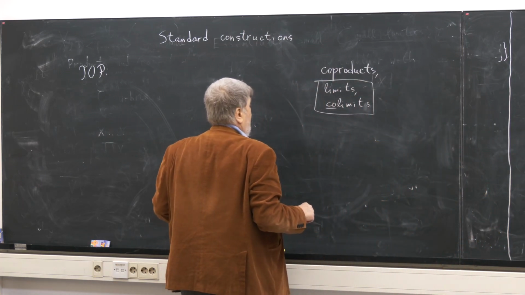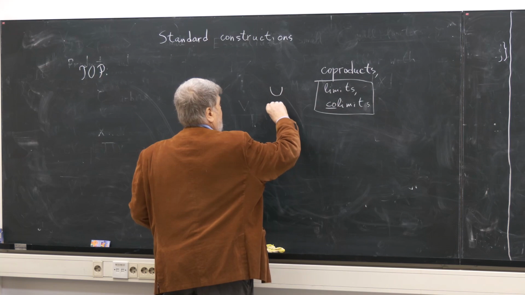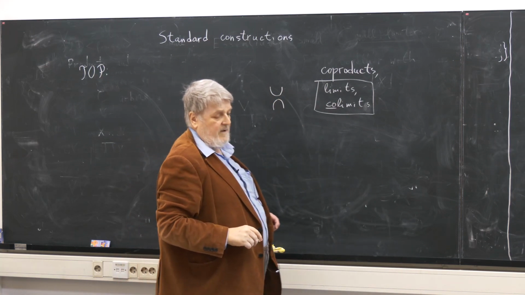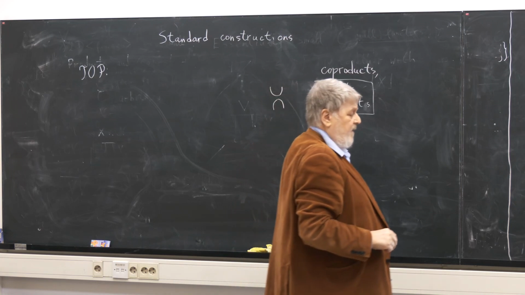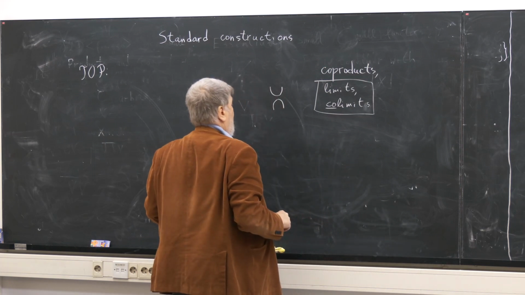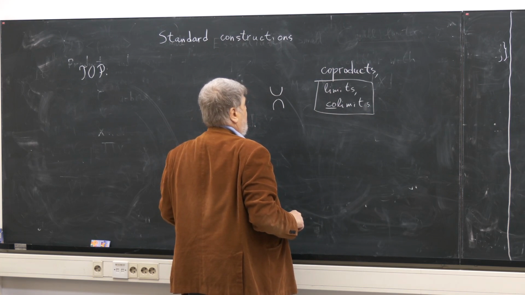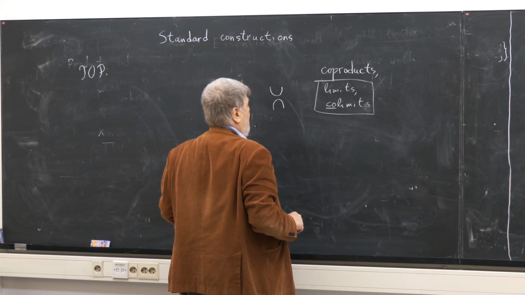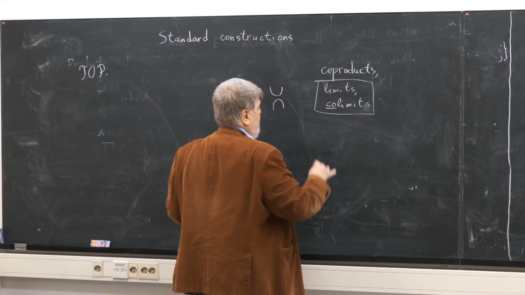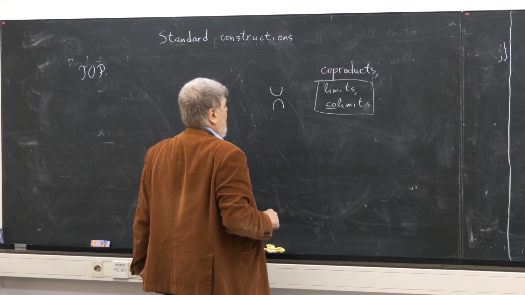I mean one of these concepts is the generalization of union, the other the generalization of intersection, and it is not immediately clear how to memorize the corresponding concepts.